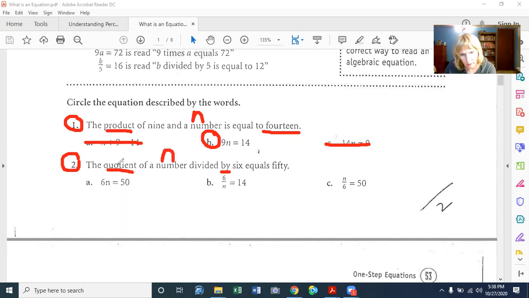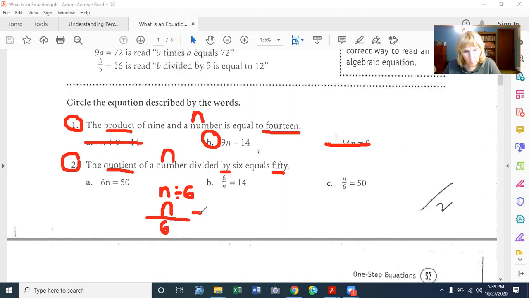N is divided by 6, and that equals 50. So we have to divide n divided by 6, right? A number divided by 6, or another way of writing that is the number on top of the fraction and the 6 on the bottom of the fraction.